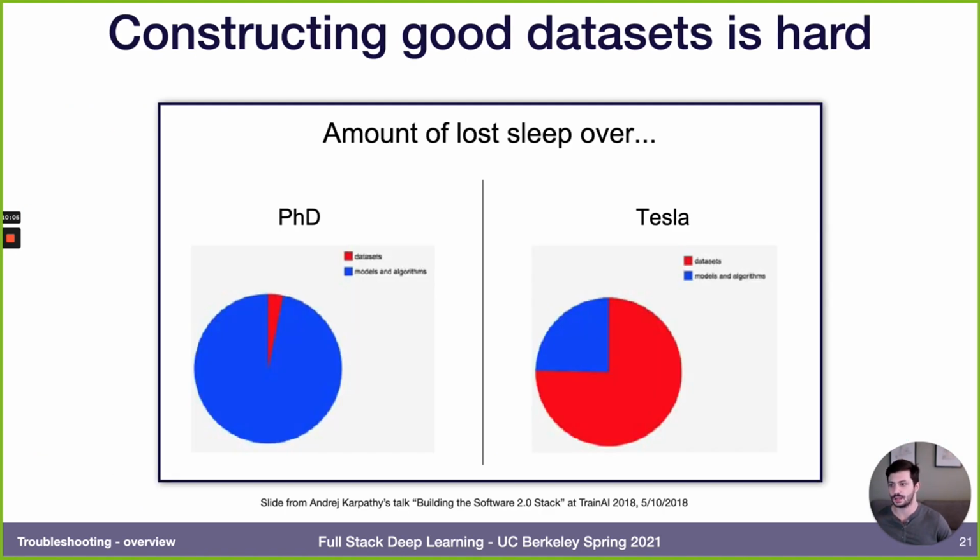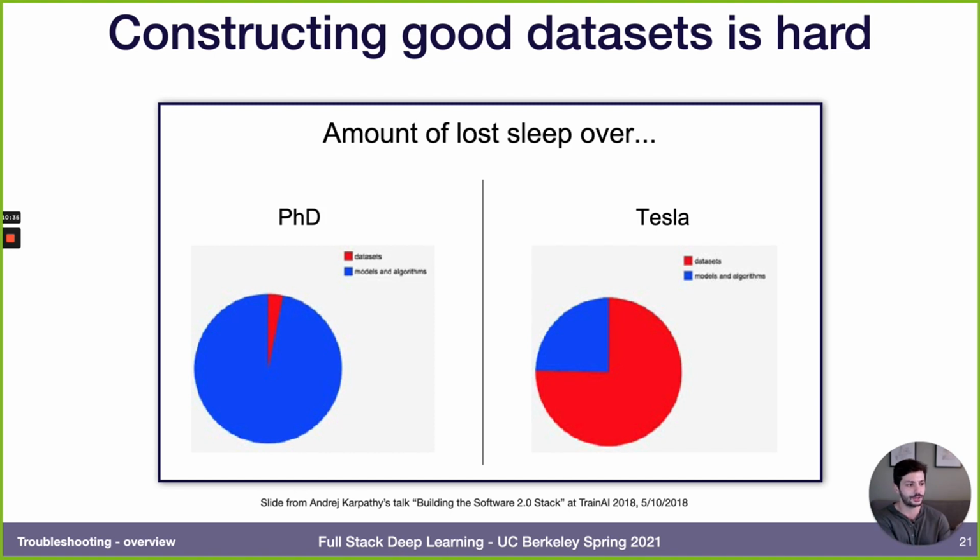This is a pretty commonly shown chart at this point, from a talk that Andrej Karpathy gave not too long after he had taken over the reins at Tesla and after he had left OpenAI. The chart is a little fuzzy in this picture, but the insight is that when you're working on your PhD, on research, the vast majority of your time is spent thinking about models and algorithms, not data sets.